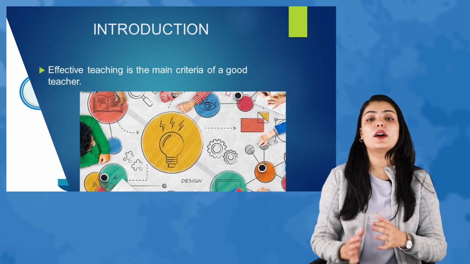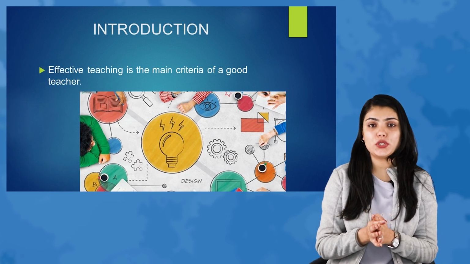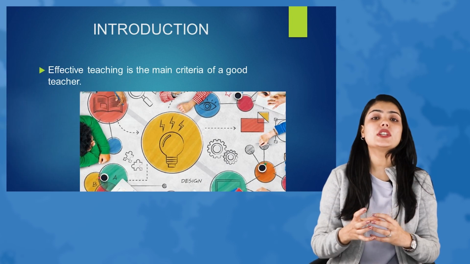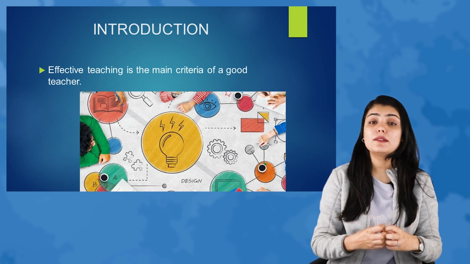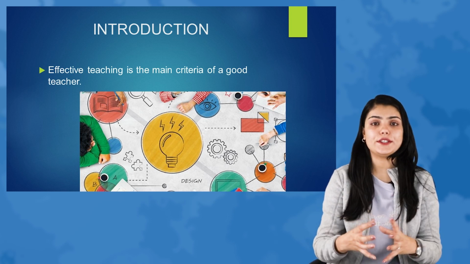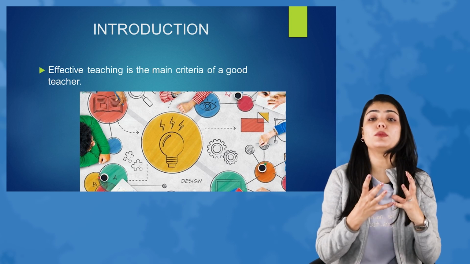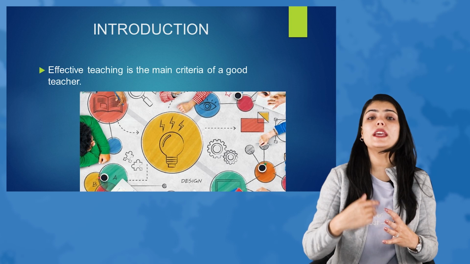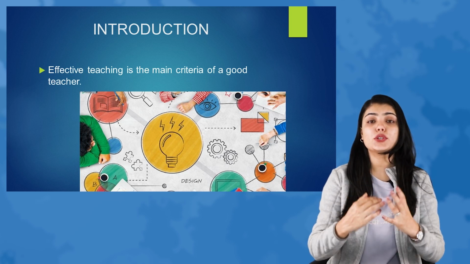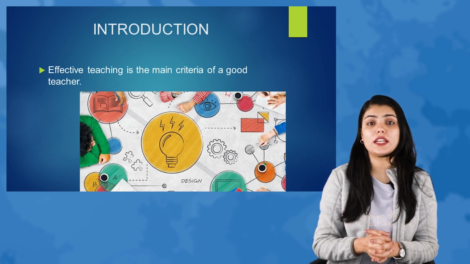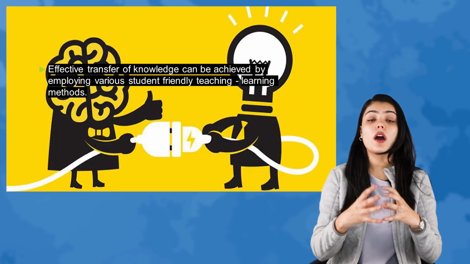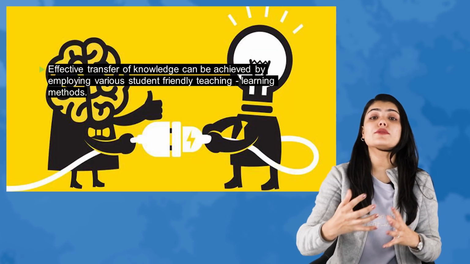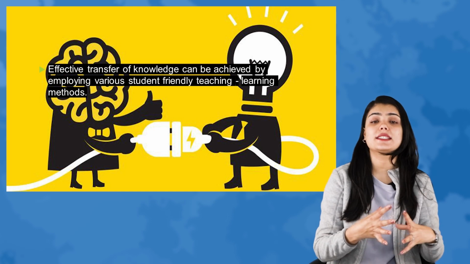Now, when I'm saying method of teaching, effective teaching is a very integral part of a good teacher, right? For a teacher to become a good teacher, the teacher should be able to teach effectively and impart the knowledge effectively. How can you effectively transfer the knowledge to the students as a teacher?